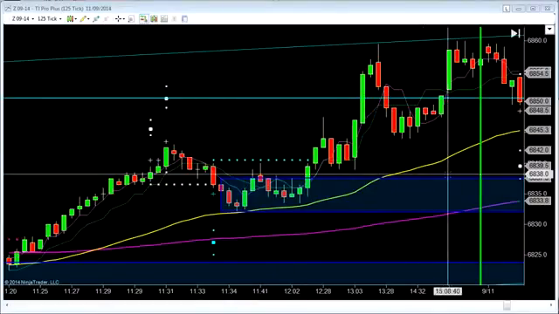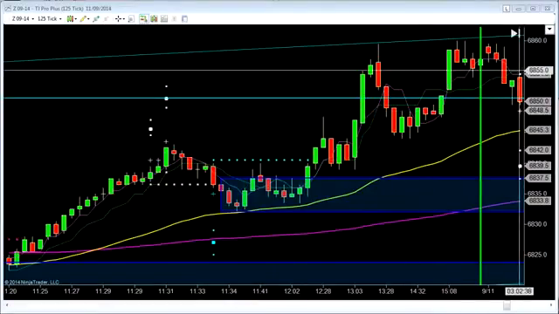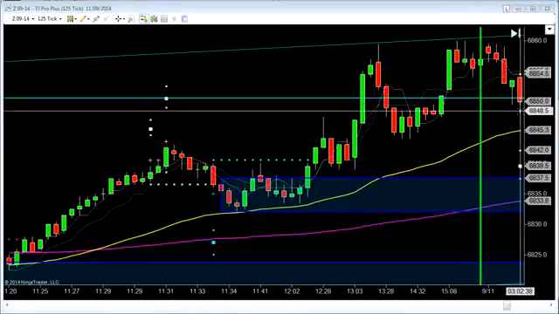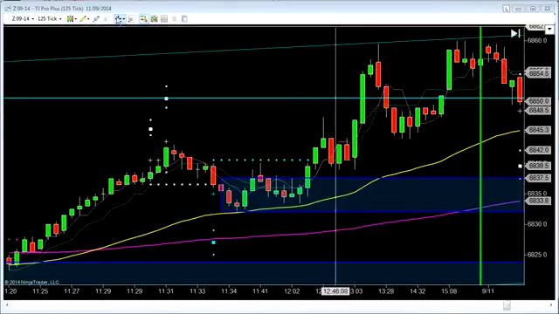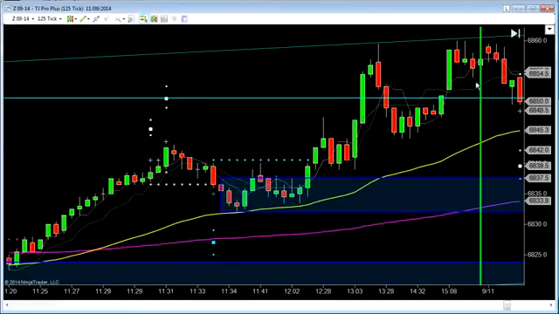So this trade appeared here, this jump line 9 trade, the white setup here, and it appeared before the normal start time at 8:05 UK time.